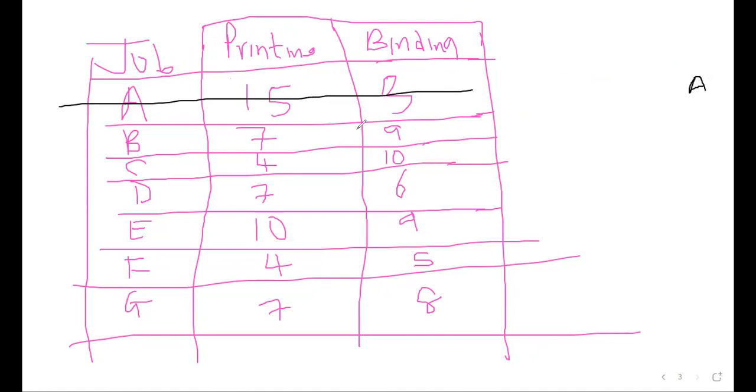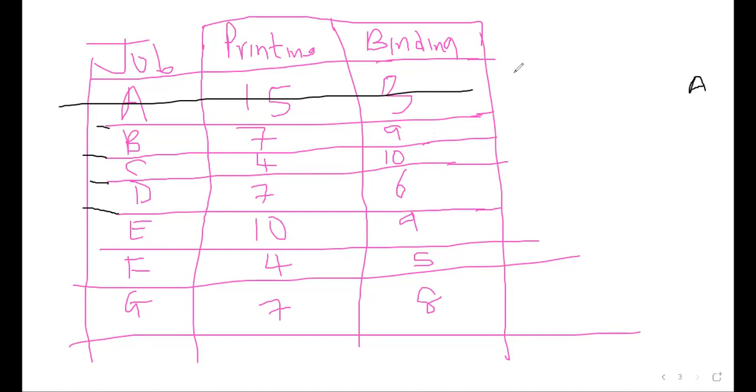The remaining times for these jobs, the smallest possible time is actually 4, but of course there are 2 of them. So there's a debate on which one to start with between job C and job F. So we look at the one which has a shorter time in the other department, binding.